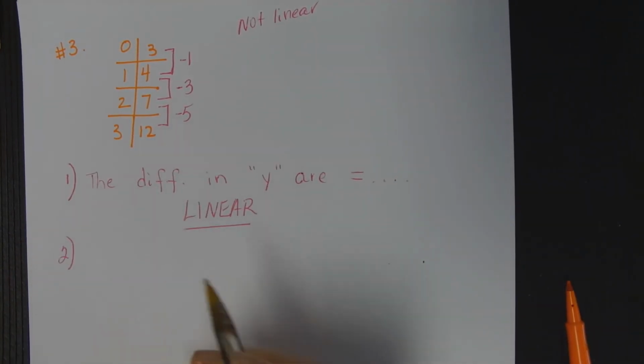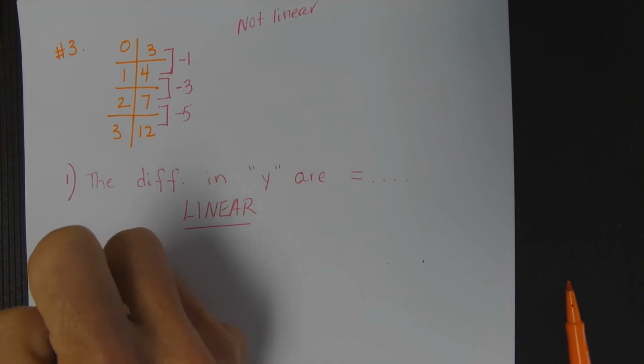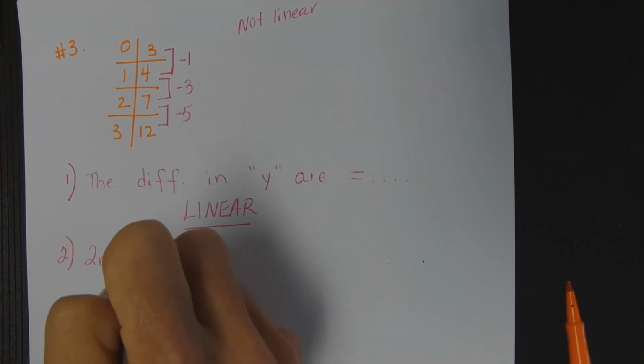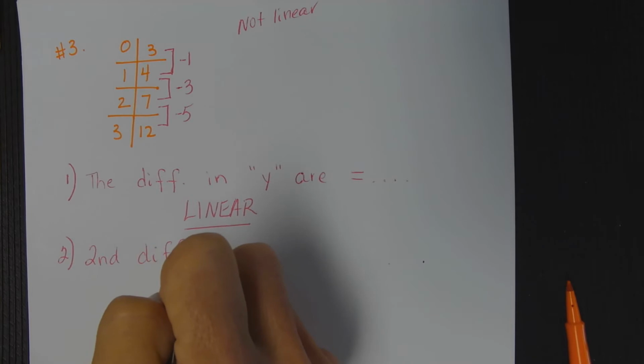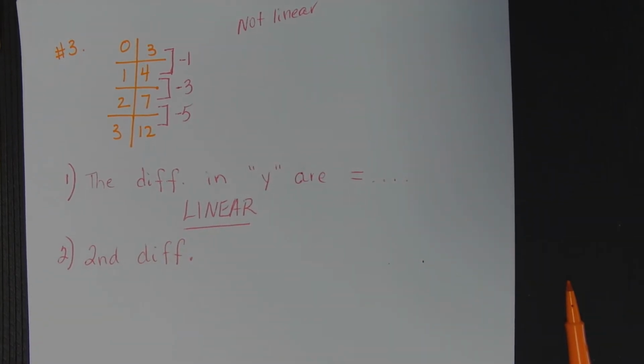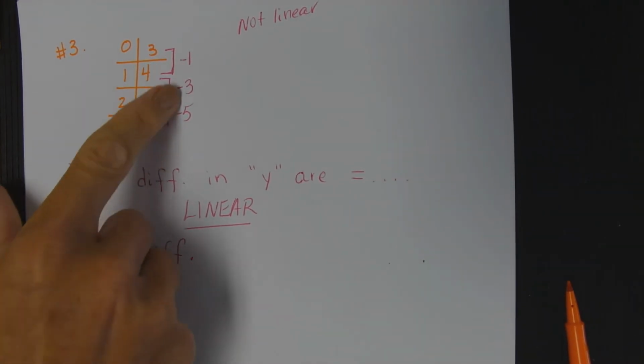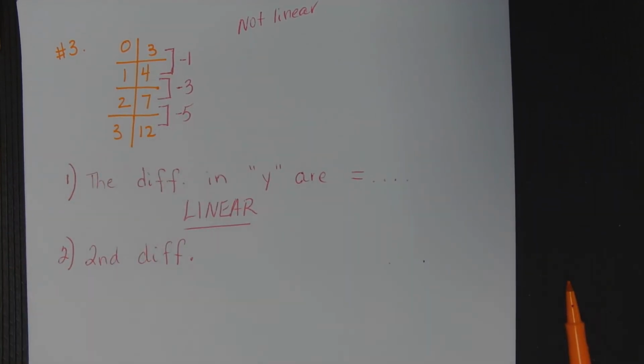So move on. Rule number 2. Here's where it gets kind of fun. The second difference. Does anybody want to guess what is the second difference? I'll give you a hint. This is the first difference. What's the second difference? Negative 1 minus negative 3. I use blue.